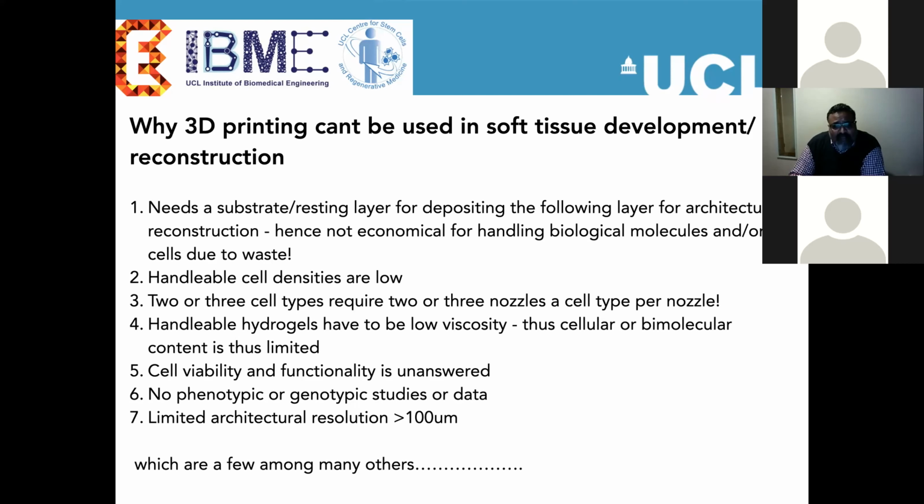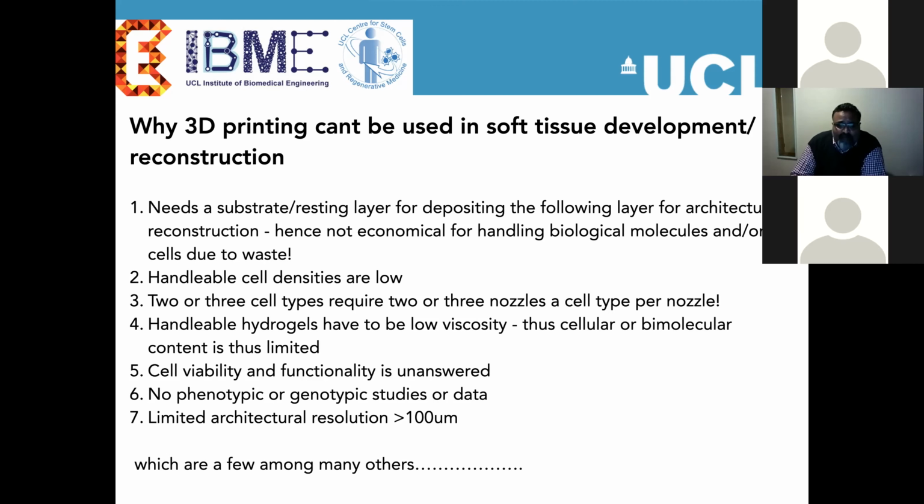Interestingly, cell viability has never been assessed in the way that we assess cell viability. We've used a detailed approach with clinically relevant readouts, meaning flow cytometry, deep sequencing, RNA sequencing, microarrays, karyotypic studies. None of these studies have been carried out in 3D printing studies.